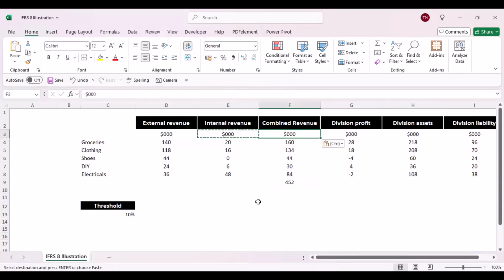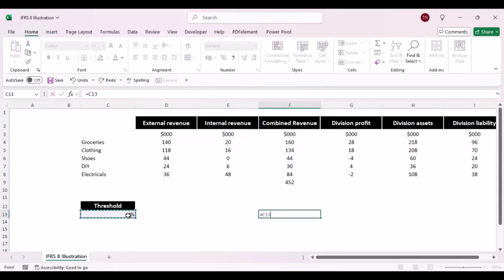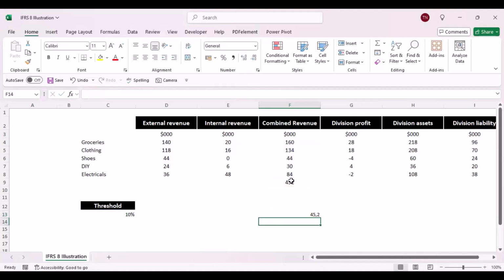And we said our criteria say it has to be 10% or more of the combined revenue. If the threshold is 10%, we say 10% of this. So that's 45,200. That's our threshold. Now let's go to our operating segments.